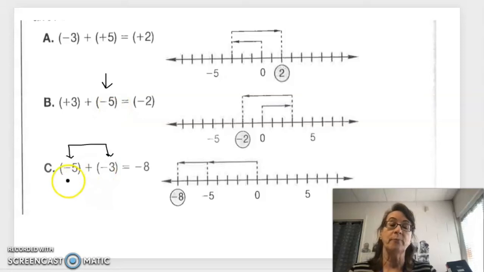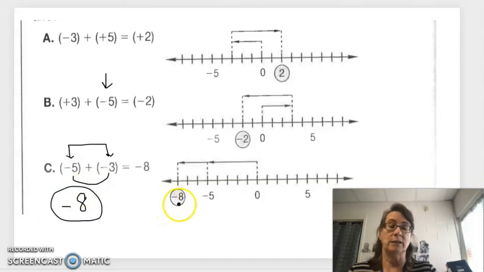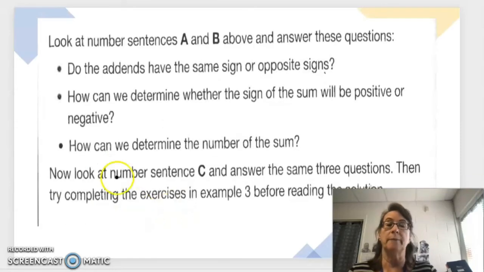Okay. -5 and -3 are both pulling in the same direction. So we actually add the two absolute values together. Remember, this is an absolute value of 5, and this one has an absolute value of 3. 5 plus 3 is 8. We add them together, but then we take their common sign, which is negative. Okay, and that's what happens when we do it on the number line.